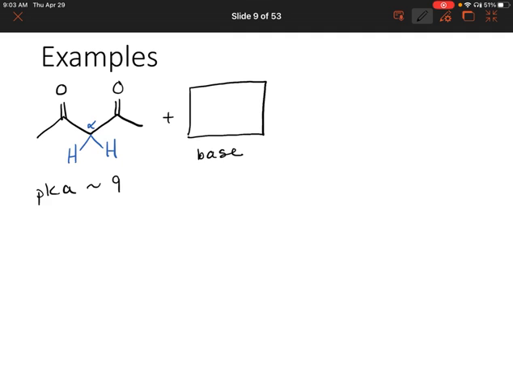But first, let's draw the product. So we know that a base would take one of those two central protons. Those are the most acidic protons on the molecule. And we would end up forming an enol. So again, we saw this on our last lecture.